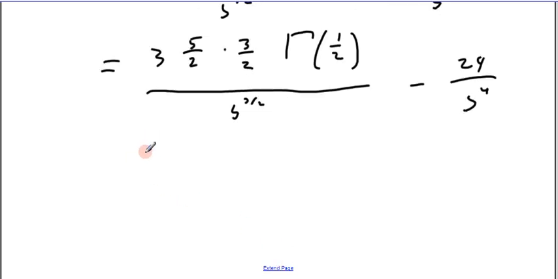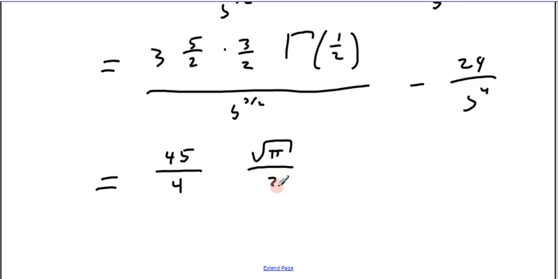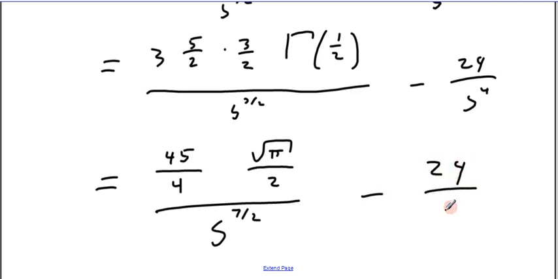Then I've got 45 over 4. The gamma function of 1/2 is the square root of pi, over 2, divided by s to the 7 halves minus 24 over s to the 4th.